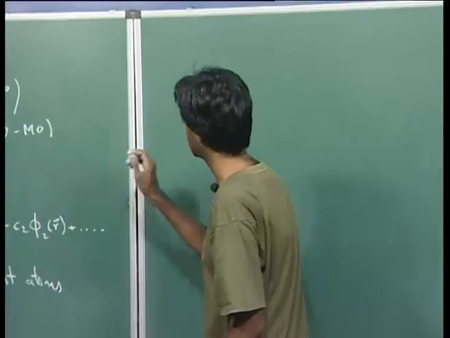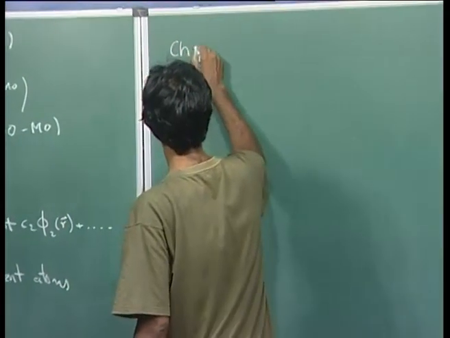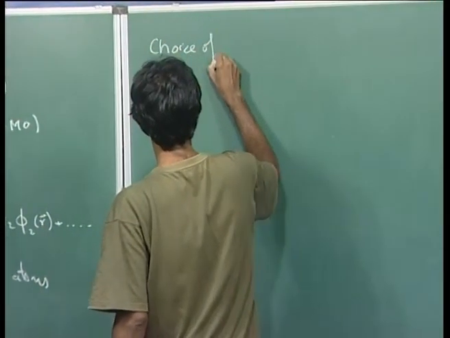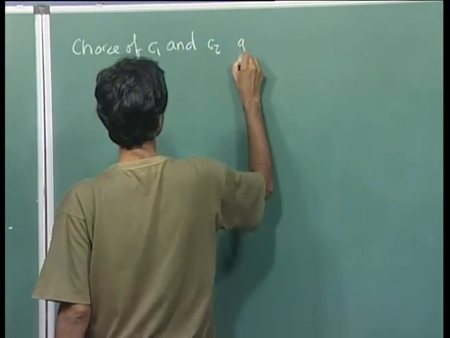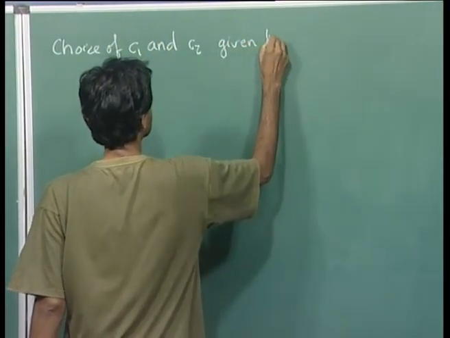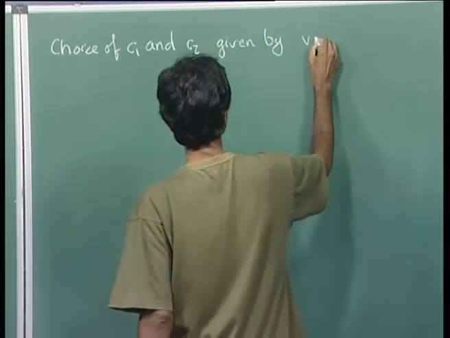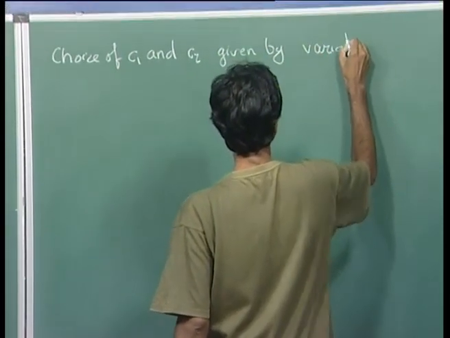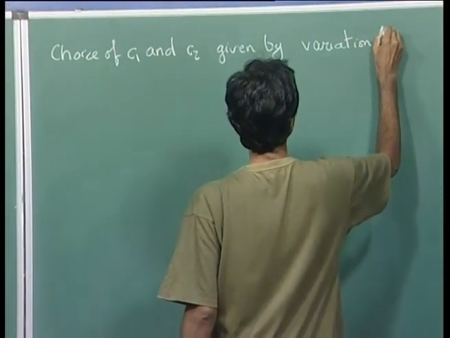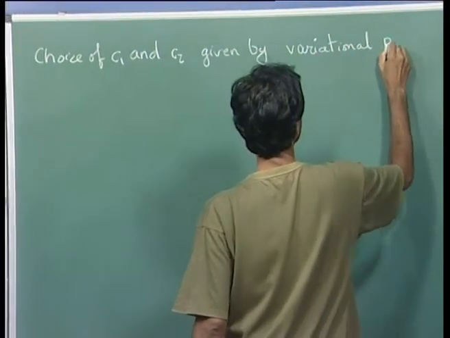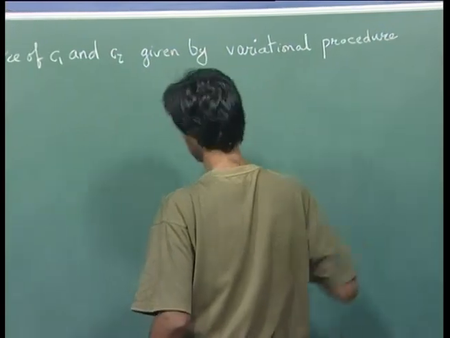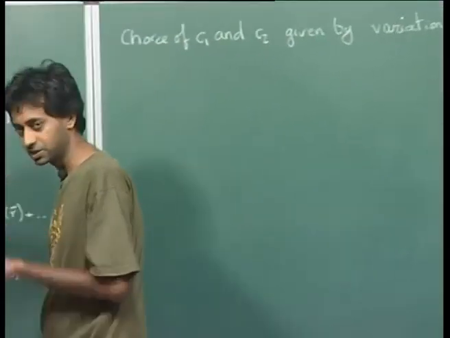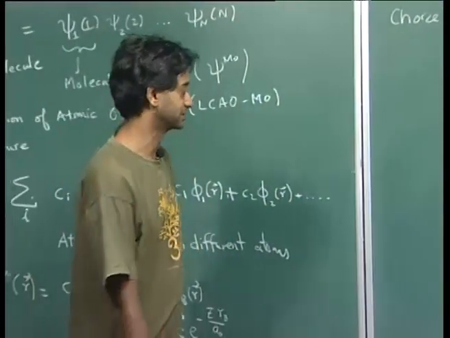So the variational procedure will give you the choice of C1 and C2.